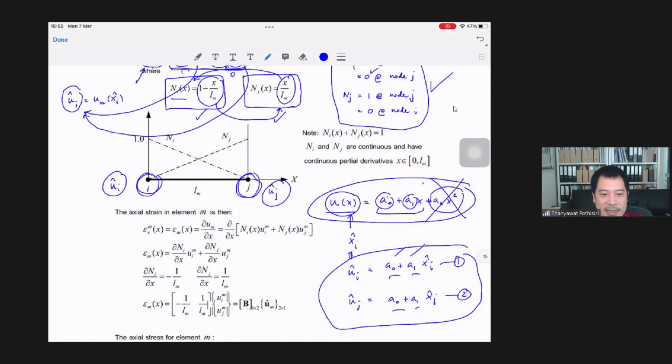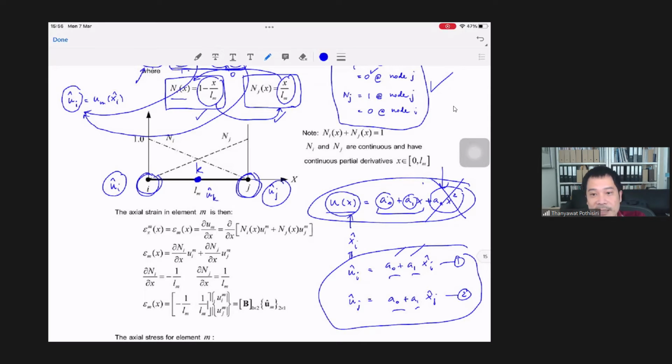The only way you can include this term, if you want three terms for your approximation, is to add another node onto here. Now, if you have three nodes, you would have i, j, k. Then you would have three equations available because you would also know the value at k.